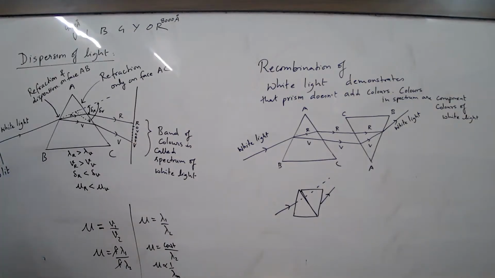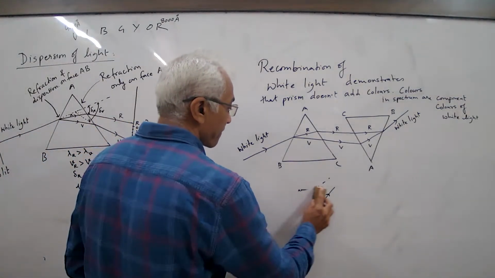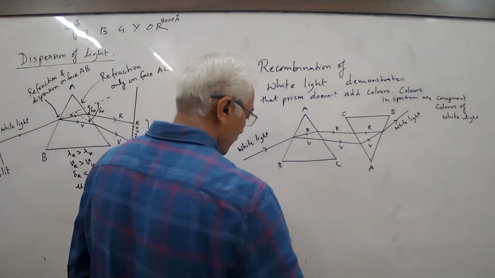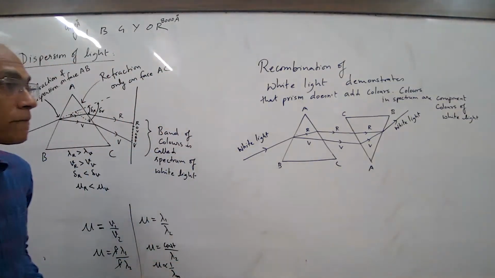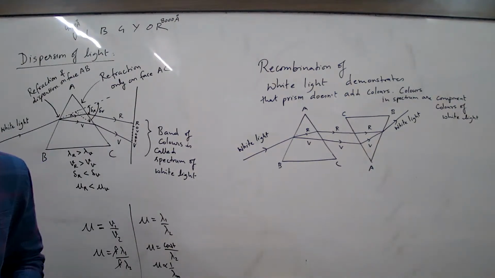That's all. You can draw the ray diagram and check for yourself. When the emergent rays come out, they are bending, and therefore very soon they will combine. So you get white light.